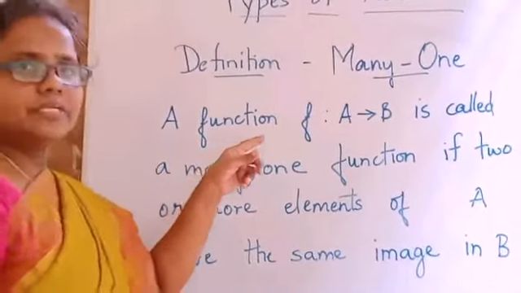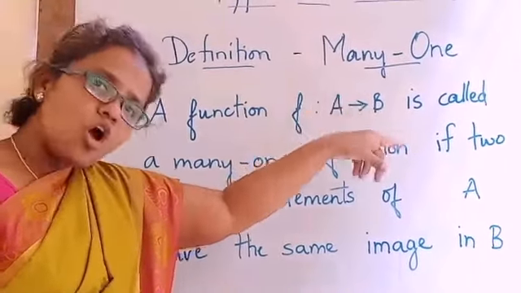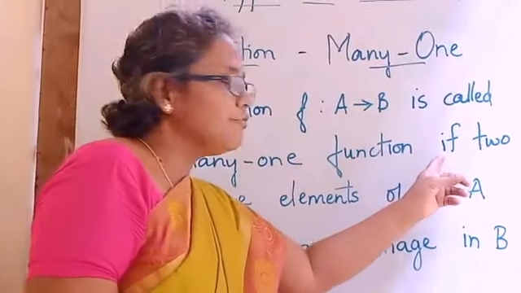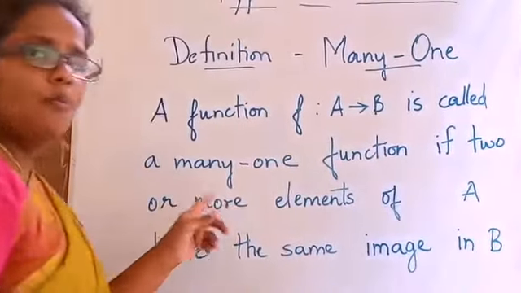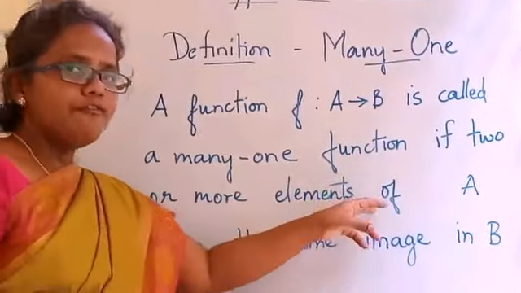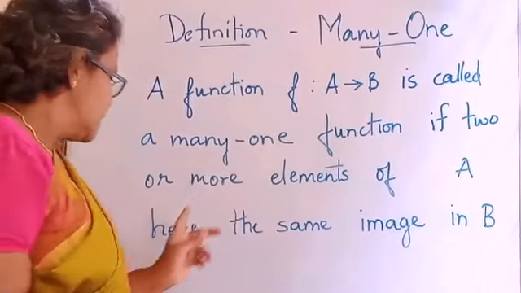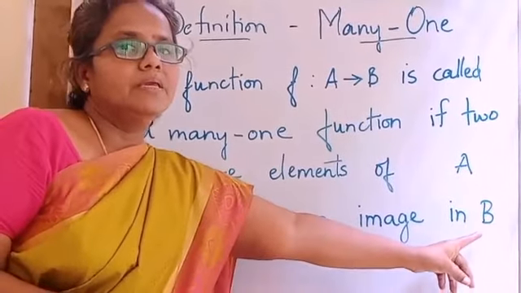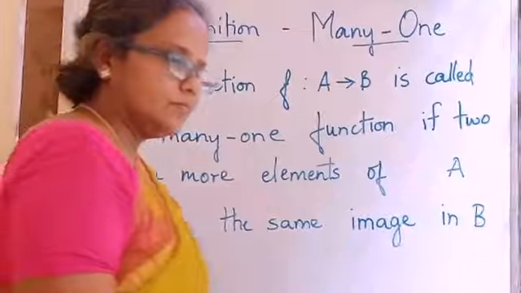A function f which has a mapping from A to B is called a many-to-one function if two or more elements of the domain, which is nothing but the A set, have the same image in B, which is nothing but the codomain. I'll show you an example for this.